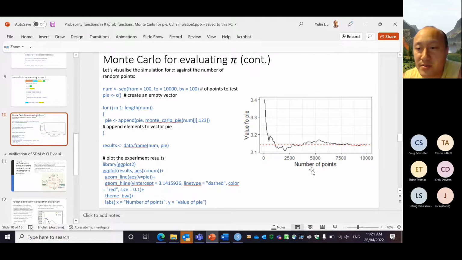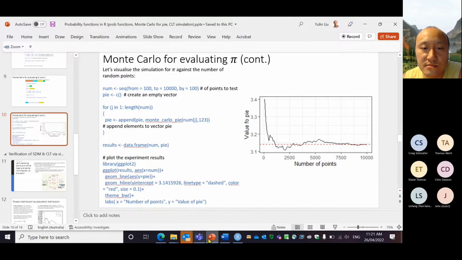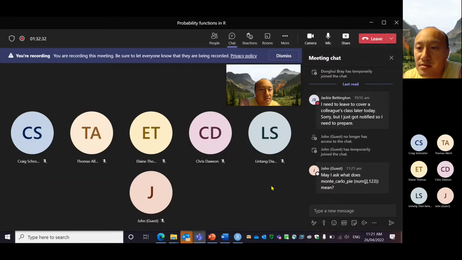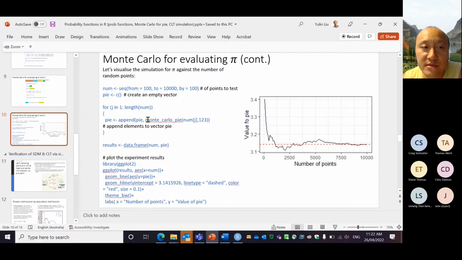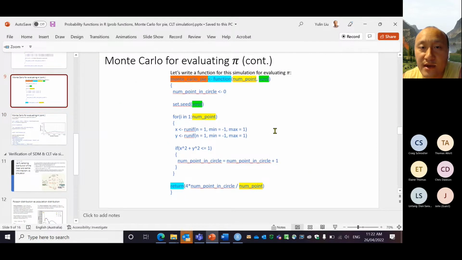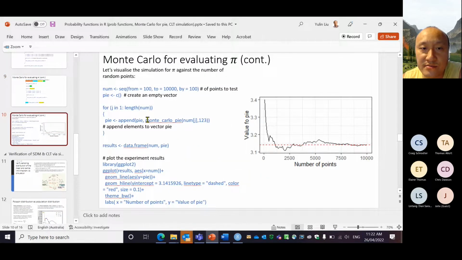Any questions about this part? Monte Carlo pi, remember I defined this Monte Carlo pi as a function, my homemade function, and then I'm using the function here.